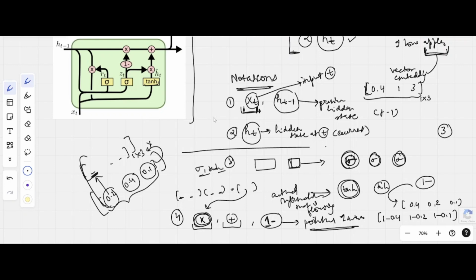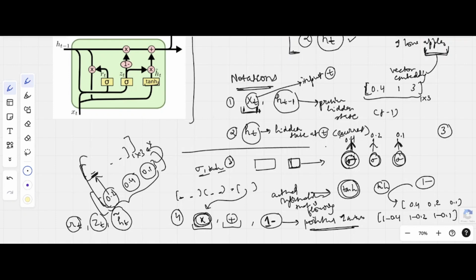And I think only one part is left, that is, what are rt, zt, and ht tilde? So these are nothing but the outputs of your neural nodes. So if you have this neural node, then you will get a certain output from here, a certain output from here, a certain output from here. Each will be a single element. Let's say you got a value of 0.4 from here, 0.2 from here, and 0.1 from here.